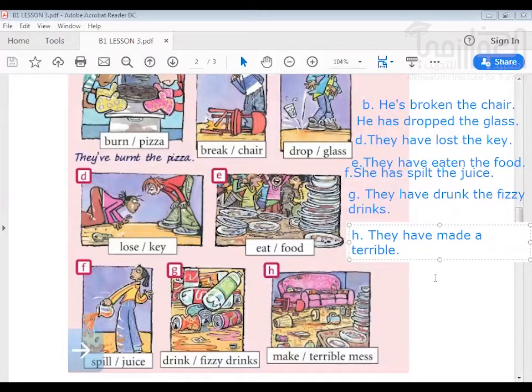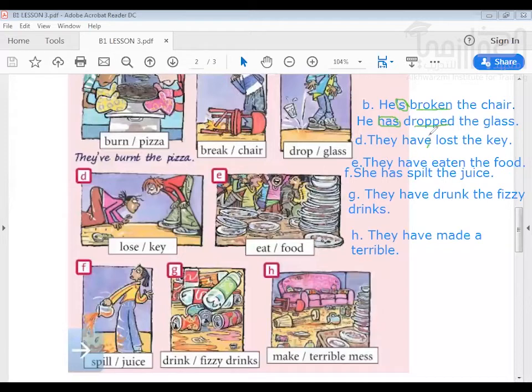Okay, so these are the answers. As you can see, to describe, all of them are in the present perfect tense. You just use have or has, this is has, and then you use the verb 3, broken. You have has or have plus verb 3. This is the verb 3, dropped.